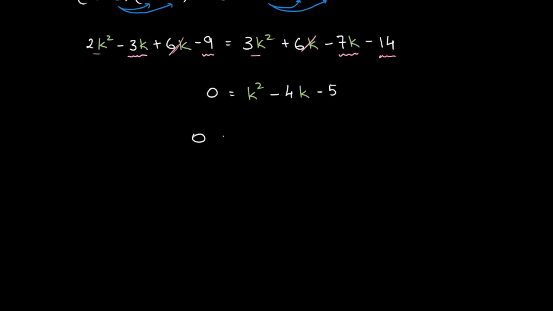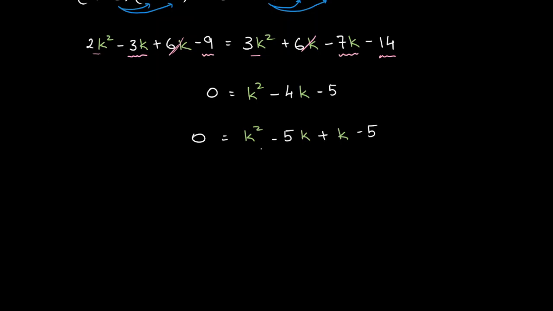So 0 is equal to k square minus 4k minus 5. Two numbers multiplied should give me minus 5, and their difference will be 4. So it is minus 5k plus k. I'm splitting the middle term, k square minus 5k plus k minus 5, right?